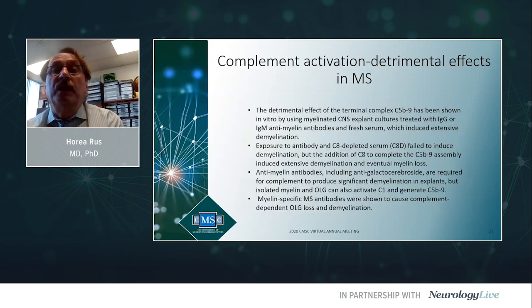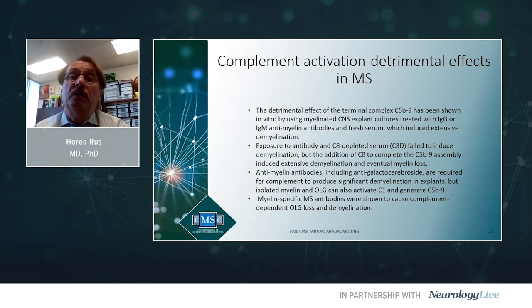This C5b29 complex can have detrimental effects, and this was shown in vitro using myelinated CNS explant cultures, which are treated first with IgG and IgM anti-myelin antibody, and then fresh serum was added as a source of complement. This treatment of explants led to significant, extensive demyelination.